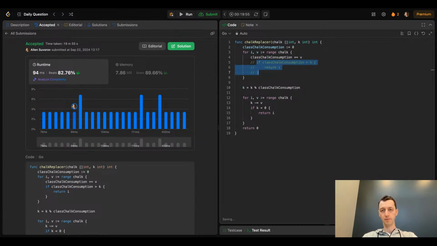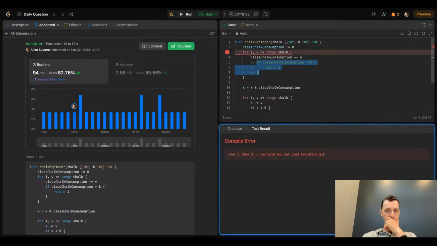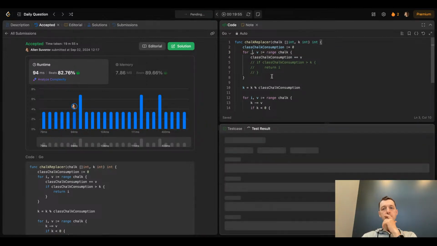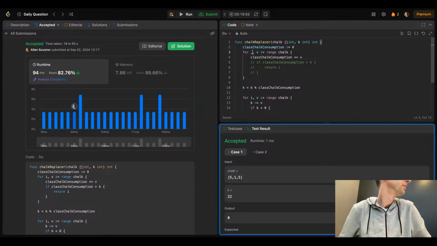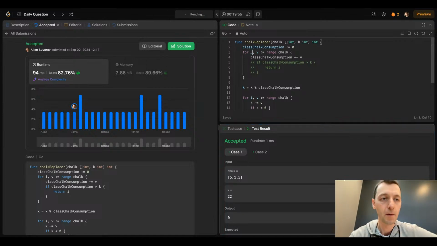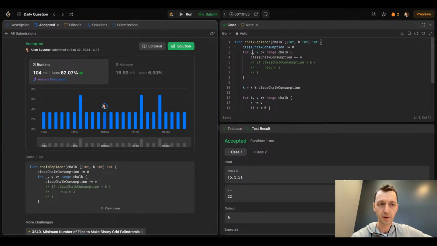And oh yeah, we don't need that then. And get, so it's a little bit slower, but I mean, it's pretty much the same.